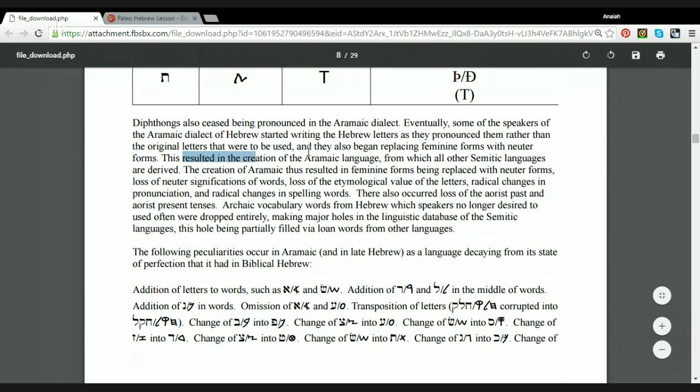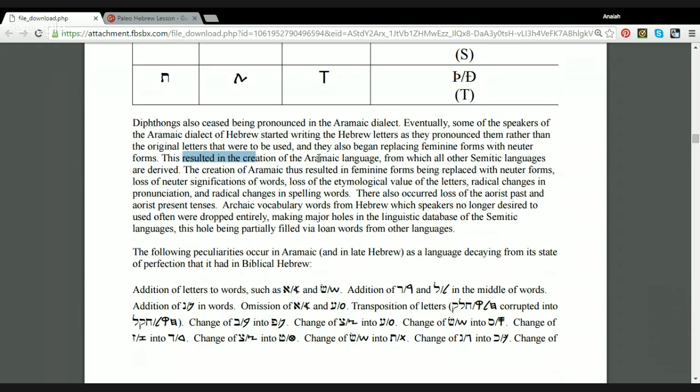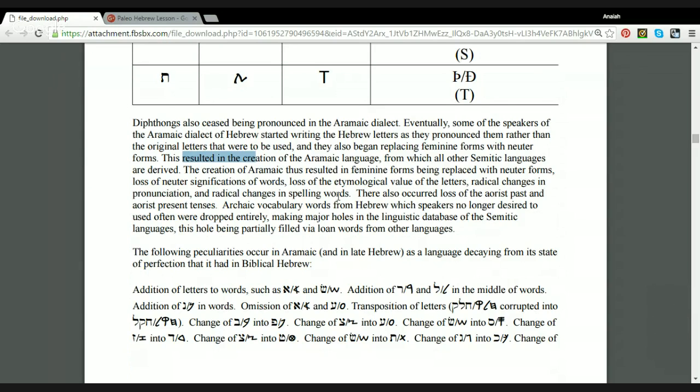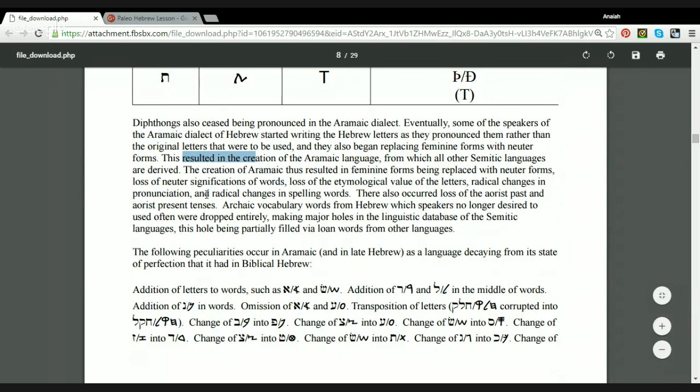This resulted in the creation of the Aramaic language, from which all other Semitic languages are derived. The creation of Aramaic thus resulted in feminine forms being replaced with neuter forms, loss of neuter signification of words, loss of the etymological value of the letters, radical changes in pronunciation, and radical changes in spelling words. There also occurred loss of the aorist past and aorist present tenses.